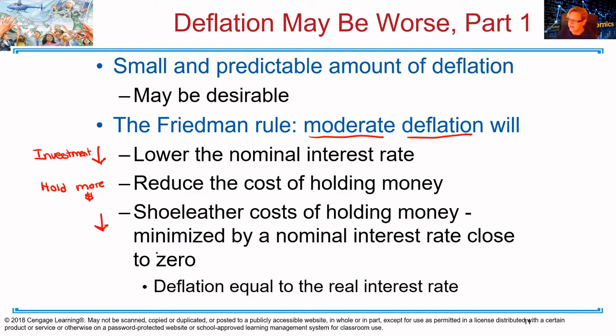We can have deflation equal to the real interest rate. When we talk about the nominal interest rate equaling the real rate plus inflation, if we have decreasing inflation or 0, then the nominal interest rate becomes equal to the real interest rate.